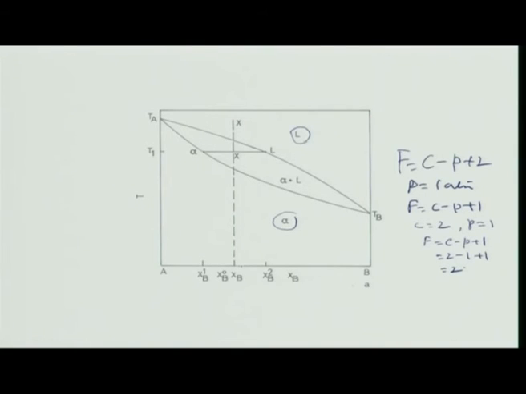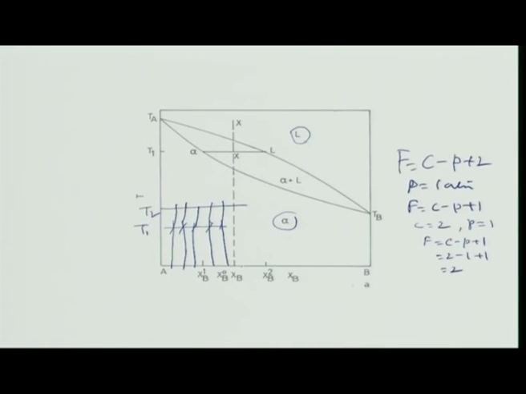Let us select a temperature in a single phase region, T1. Now I can have many compositions, you can draw these composition vertical lines, where alpha is stable. Similarly, if I take a different temperature T2, alpha is also stable at many compositions. So I can vary both temperature and composition simultaneously, and alpha will still remain alpha, stable, no change.